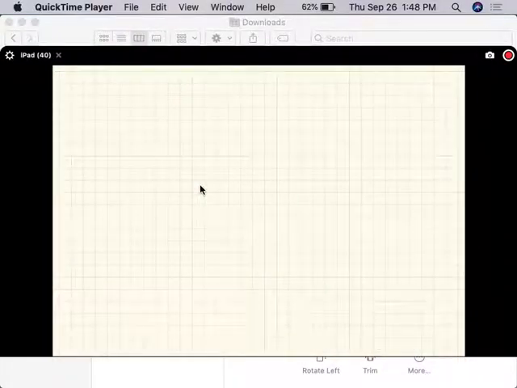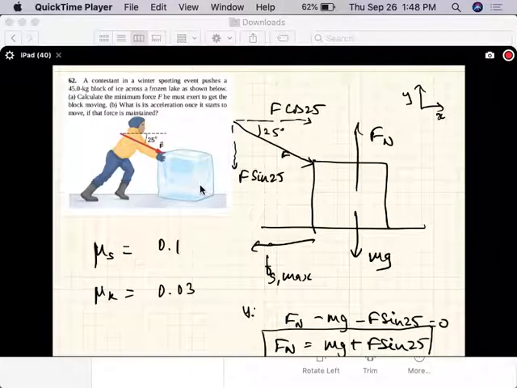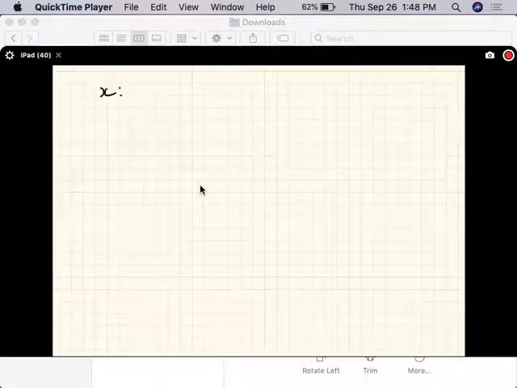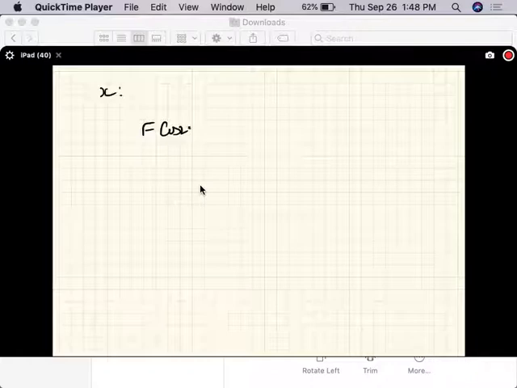Let's look at the x component of the force. The x component of the forces are, so you can see that this is F cosine 25 minus fs max. Okay, those are the only two forces acting on it. And the object is barely about to start, so the acceleration of the object is 0.